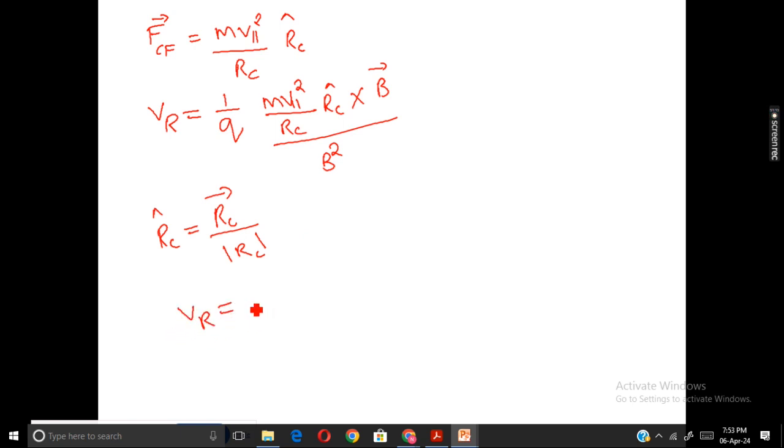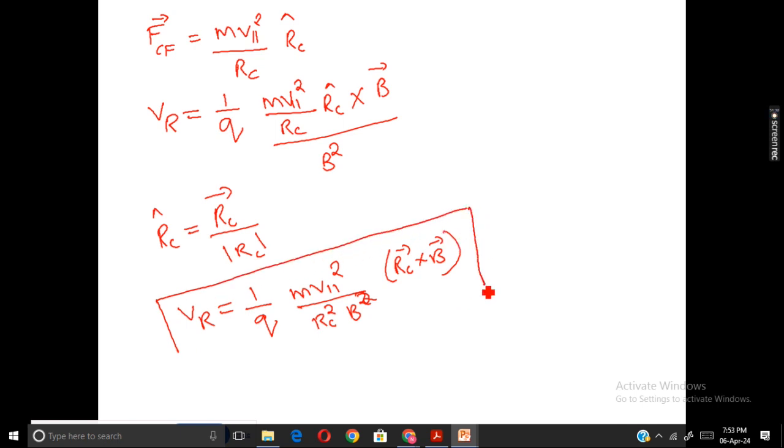So V_R is equal to 1 by q, m v parallel square by Rc square B square into Rc cross B. So this is the equation for the drift velocity due to the curvature of the magnetic field.